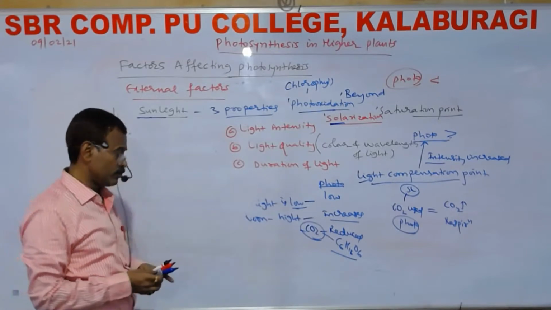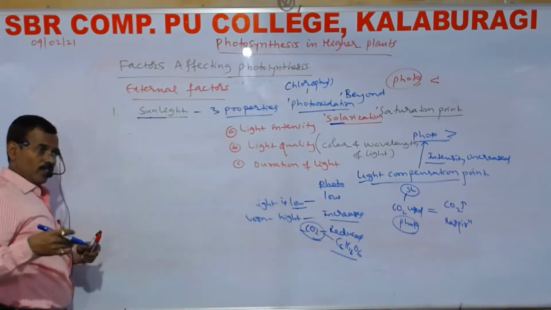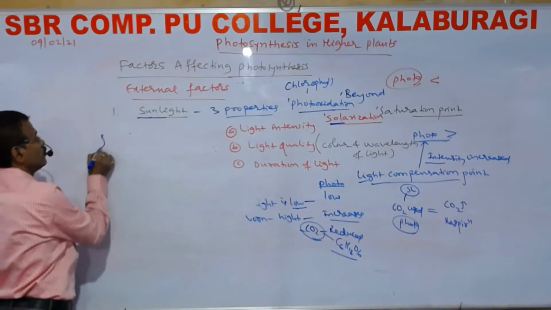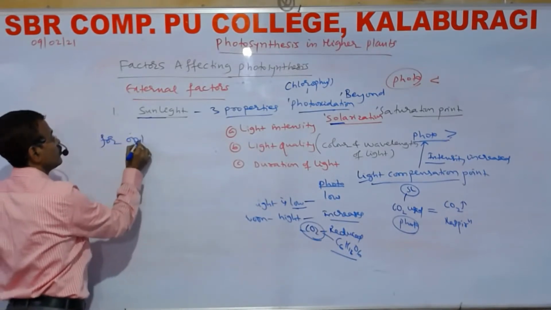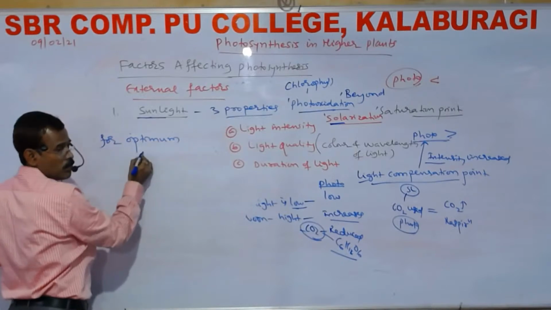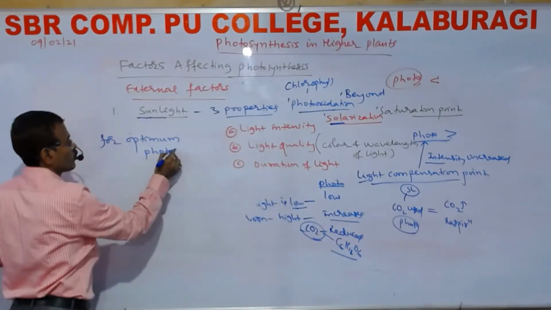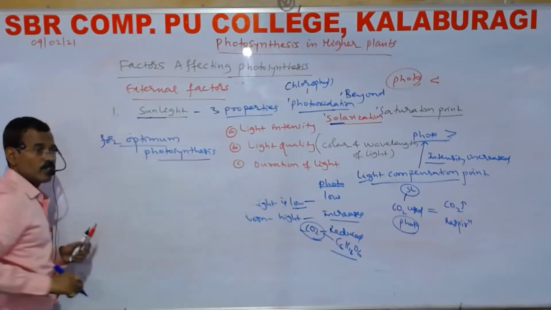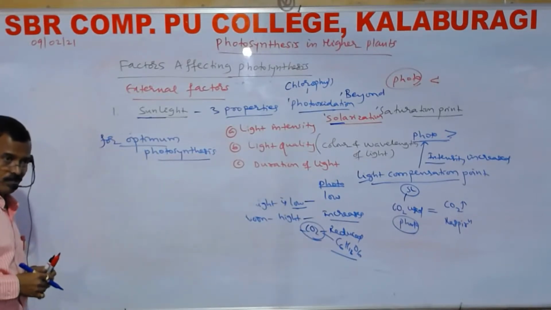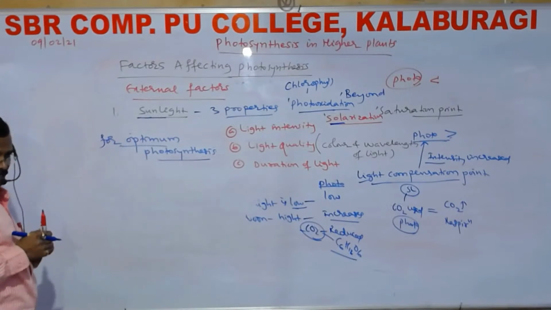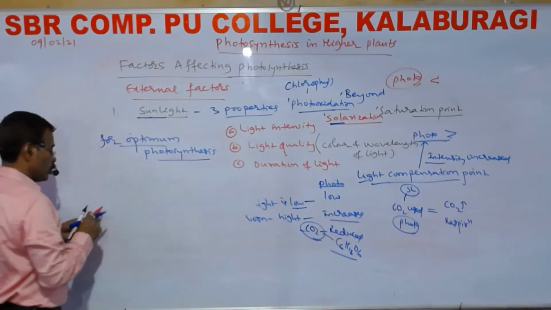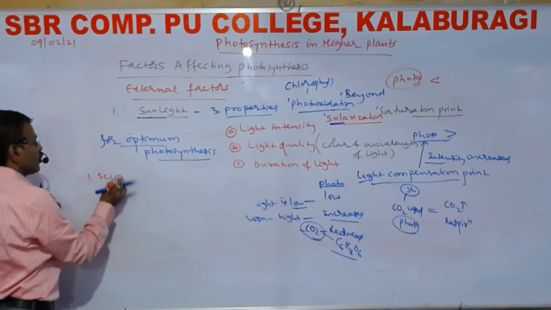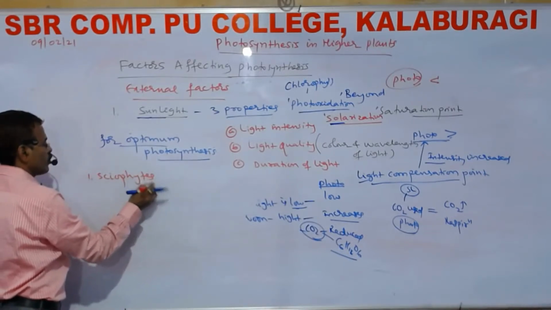Now, depending on the requirement of light intensity for performing optimum photosynthesis, how much light is required? We have two types of plants. One is sciophytes.